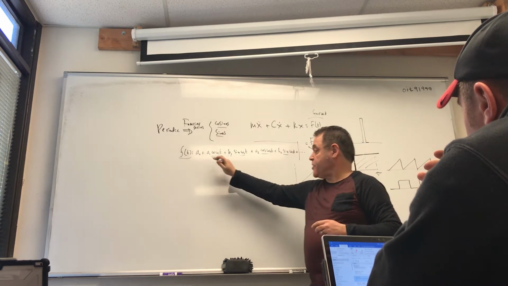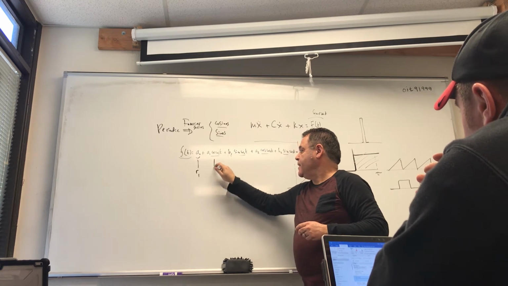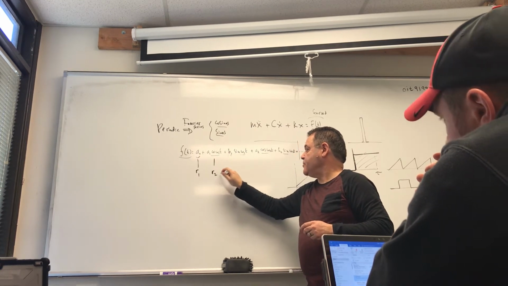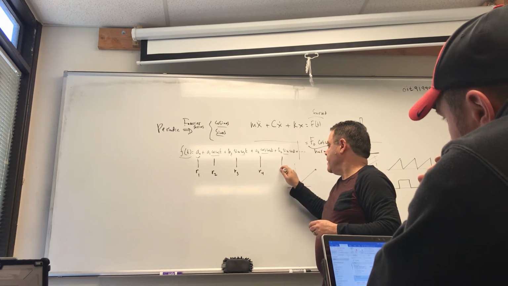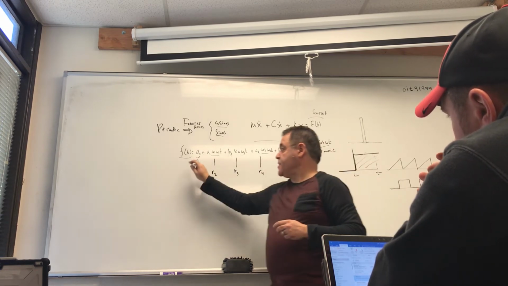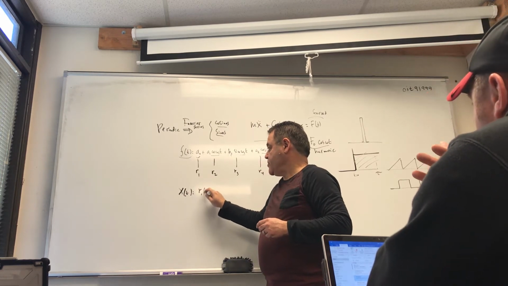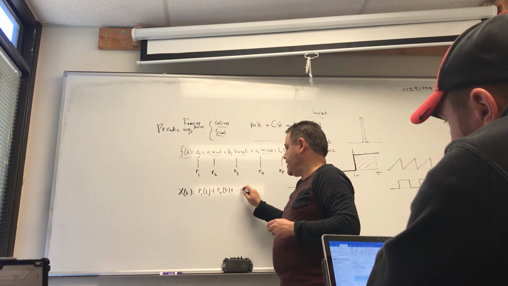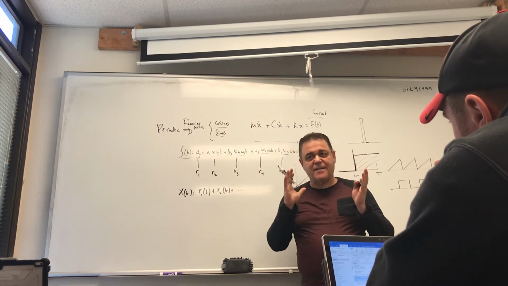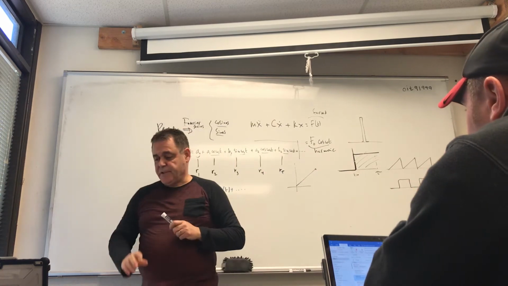So you get the response to this, I call this R1, a response to this, R2, a response to this, R3, R4, R5. And then the total response, which is going to be x of t, will be equal to essentially R1 of t plus R2 of t plus R3 of t, etc. I mean, that's kind of the scheme of things when we deal with periodic functions.